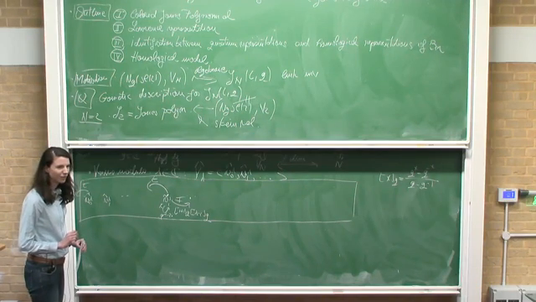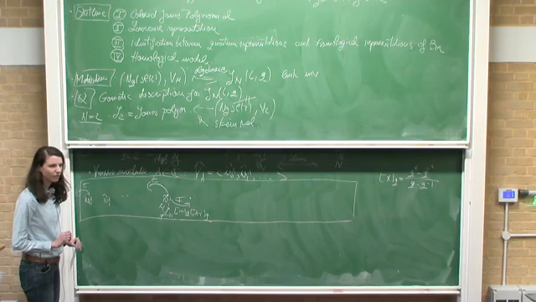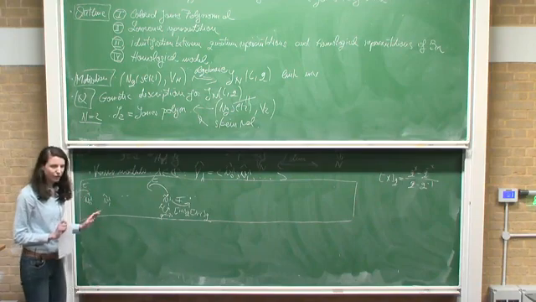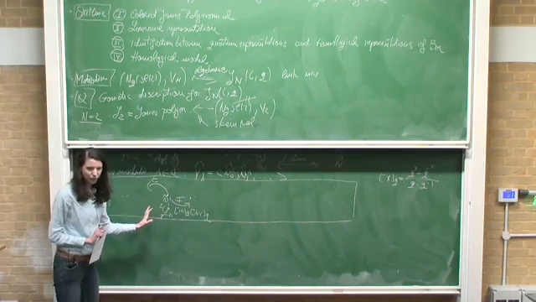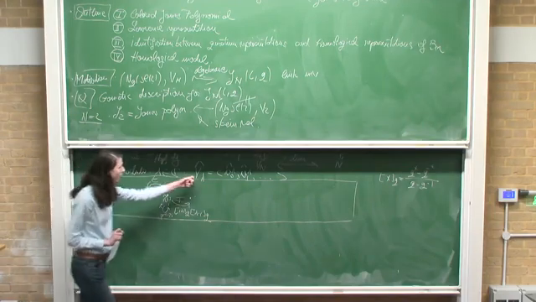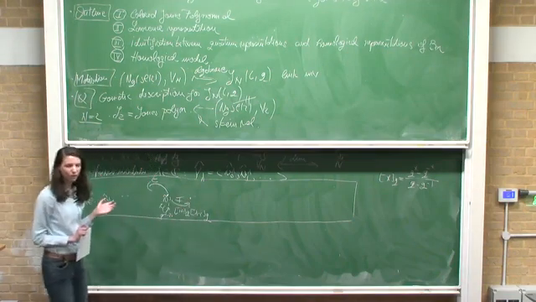She's not telling you what relations these have to satisfy. There are some relations. I don't want to enter into those details. I just want to say roughly which are the actions, and there's a theorem that everything is well defined, and this gives you actually a representation over U_q(sl2).